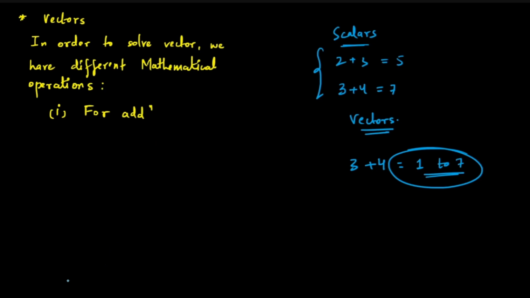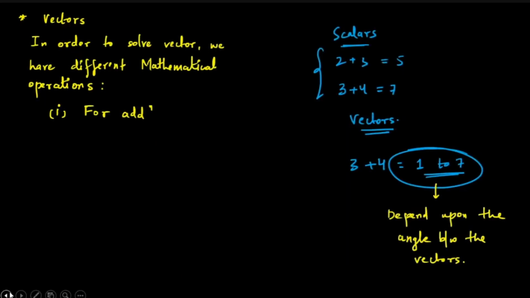And how are we going to get this number? It will depend upon the angle between the vectors. Whatever this sum is going to be, it will completely depend upon what angle there is between these two vectors. We'll talk about it. So for addition, we have different laws. The first law is, you must have seen it, I guess, the triangle law of vector addition. Have you seen it?